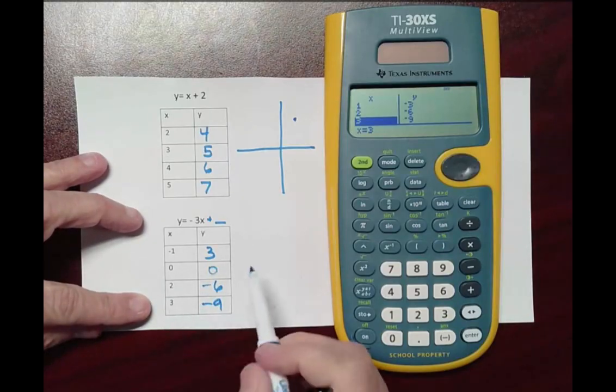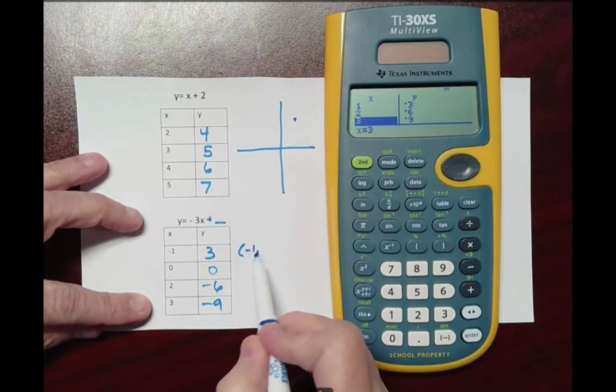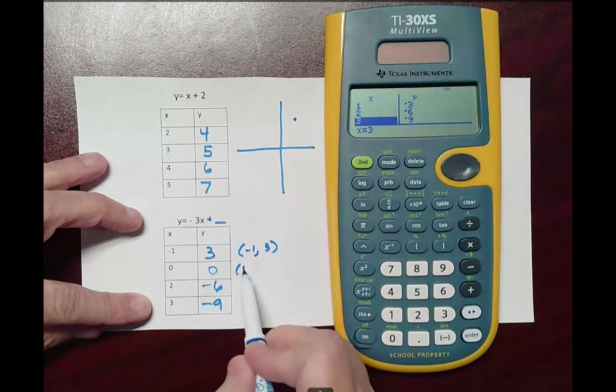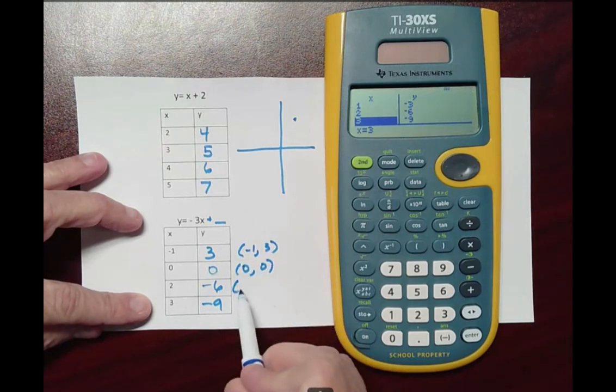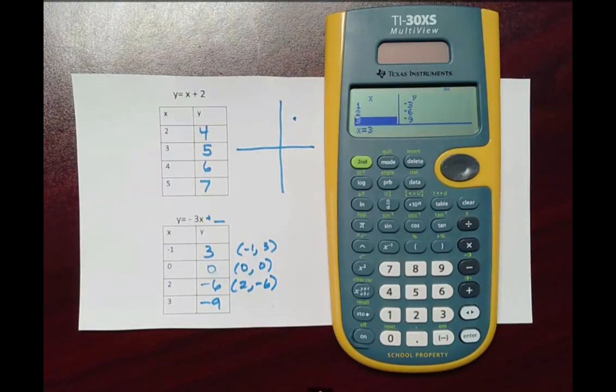These tables, they're like XY points. Negative 1, 3. 0, 0. 2, negative 6. If I plot those points on a graph, I'll be able to connect the dots and see what the graph of the line looks like for this equation.